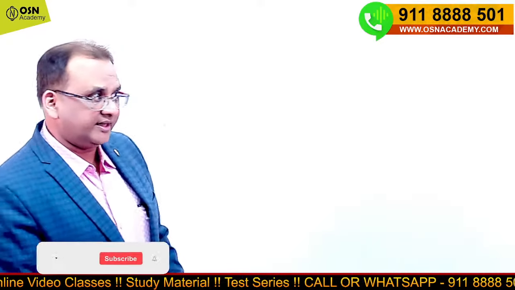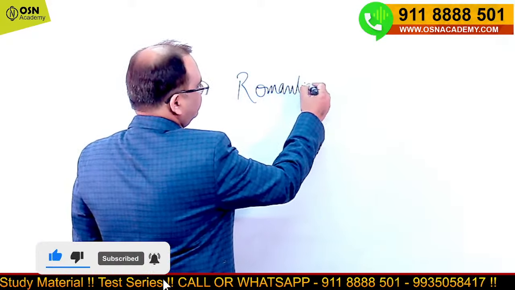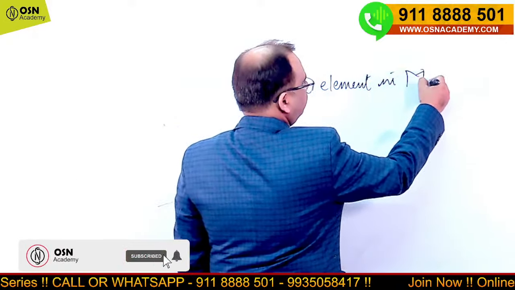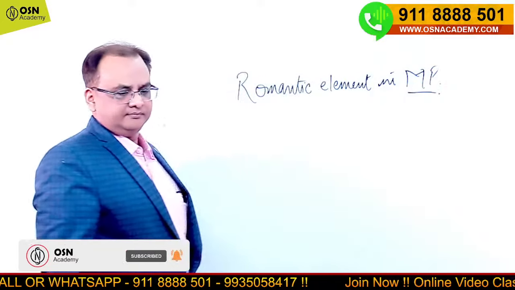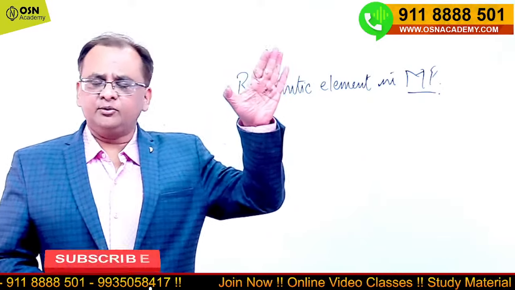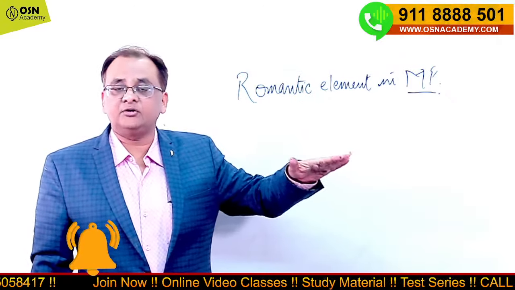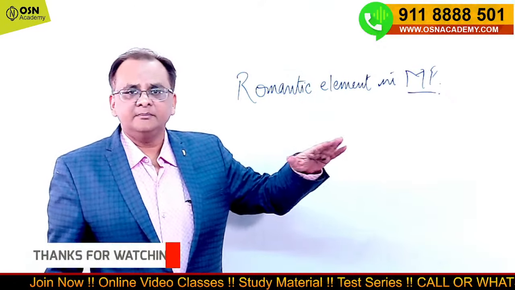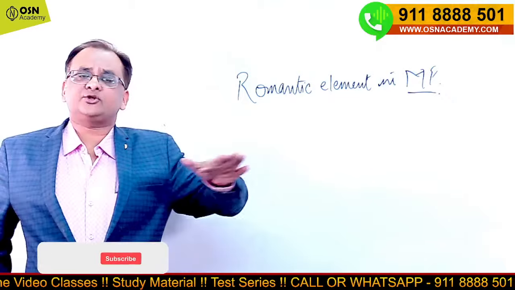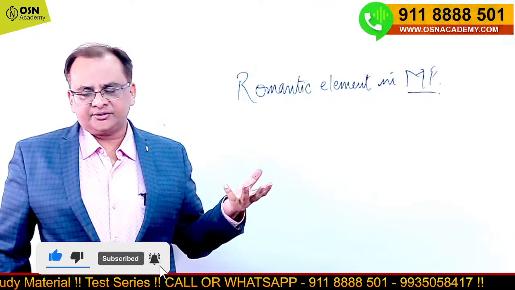How can we forget the romantic element in modern poetry? हाँ, अब तक हम लोगों ने ये देख लिया कि yes, there was a lot of preponderance of realism in the modern poetry, but the spirit of romance always continues to sway the minds of certain poets.